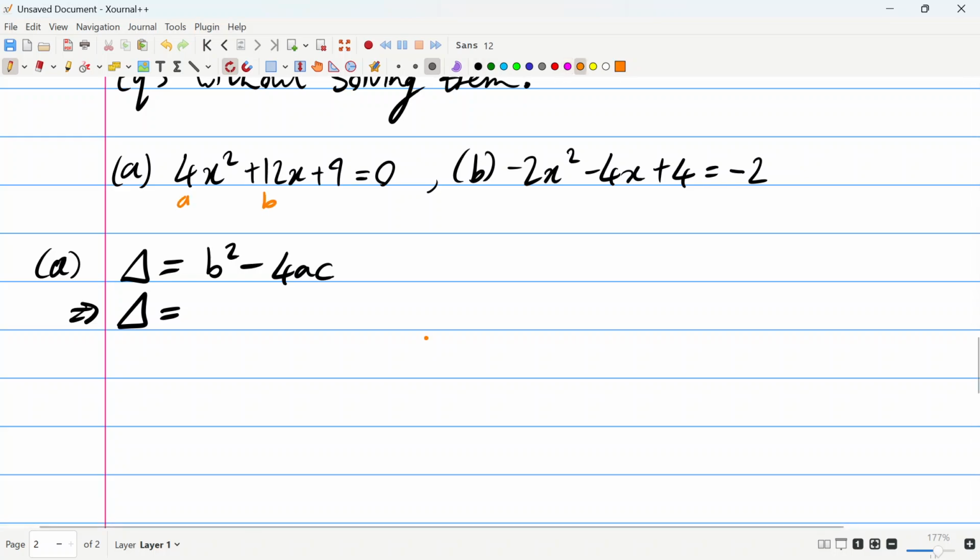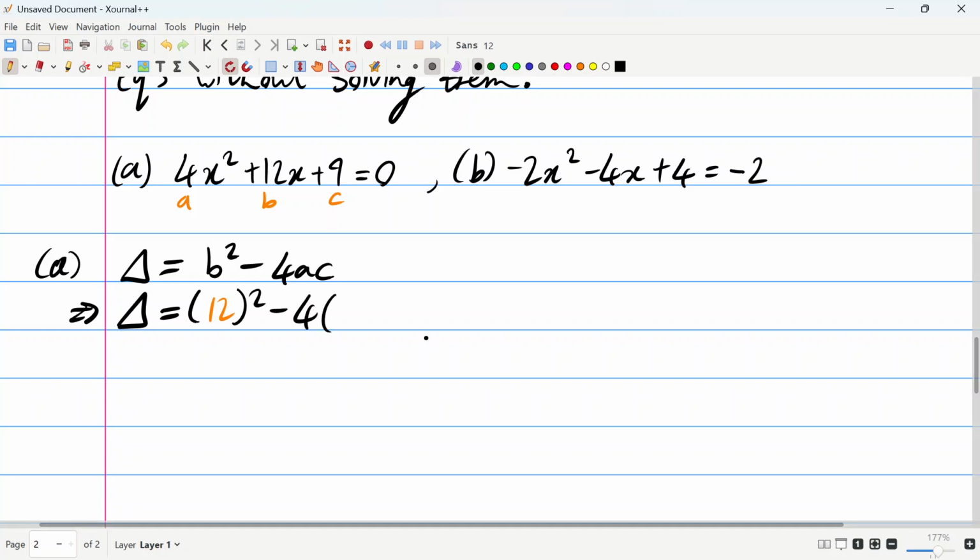So remember, this is A, this is B, and this is C. B is positive 12. So what we are going to have is positive 12 squared minus 4 into A, which is 4, and C, which is 9. Okay. Then we just solve for delta.